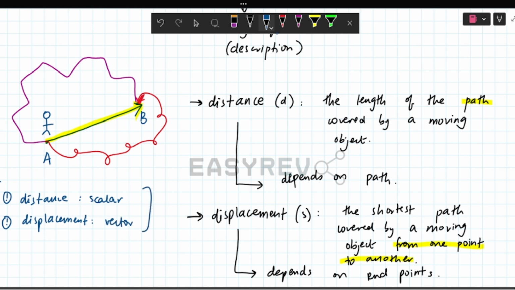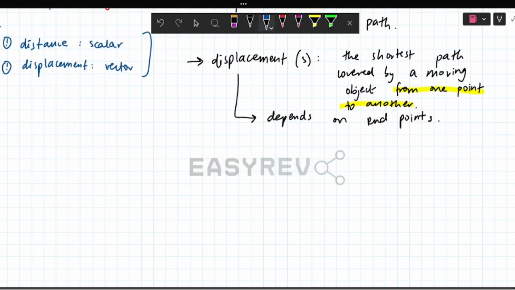Great. Now that we've highlighted these two quantities that help us understand the shape or the length or the pattern of a particular path, another way we can study the path covered by a moving object is seeing how it changes with respect to time. In that regard, we introduce two new quantities, speed and velocity.